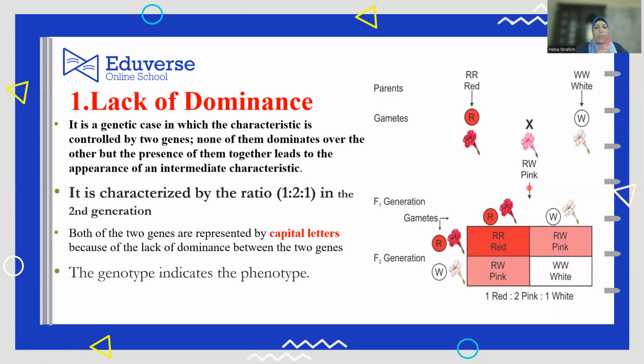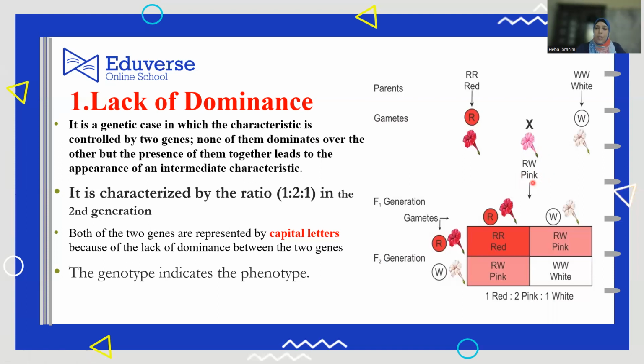There are no small letters. Why? Because there is lack of dominance, no dominant trait, no recessive trait. For example, in our Antirrhinum plant, red flowers are capital R capital R, white flowers are capital W capital W. So the product will be RW, which represents the pink color.